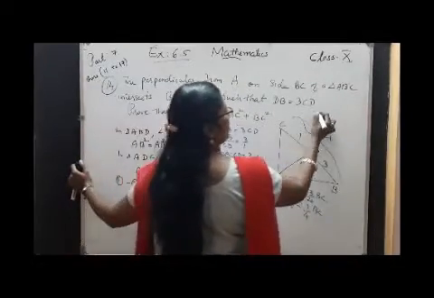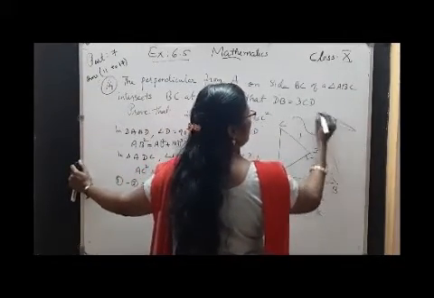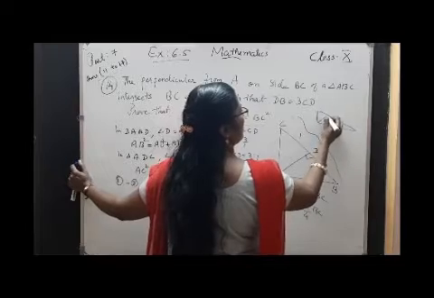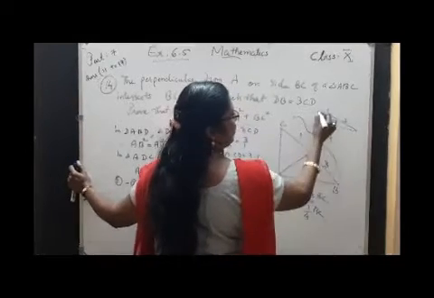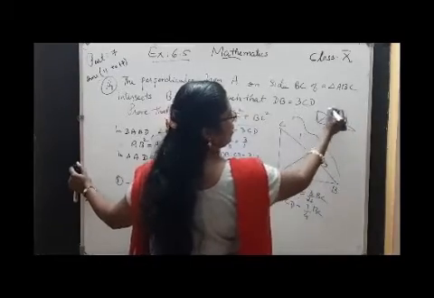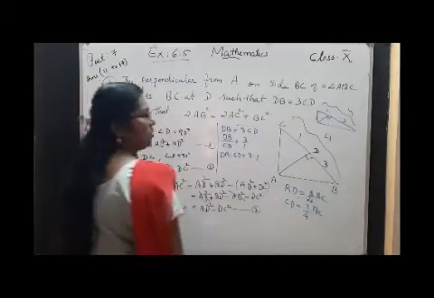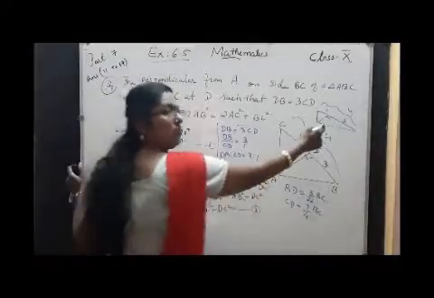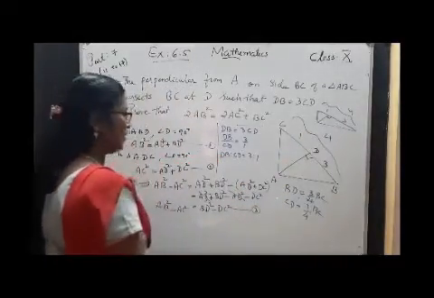This figure is wrong. When you draw like this, then only this is 3 parts, this is 1 part. The total is 4 parts, when you draw the right angle triangle like this.